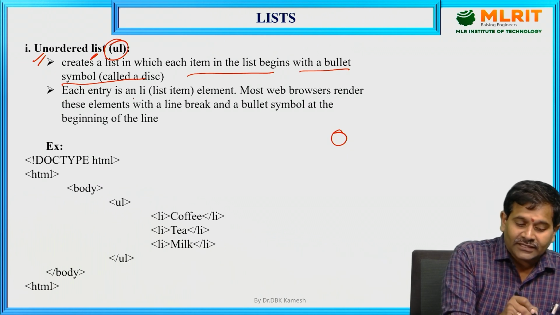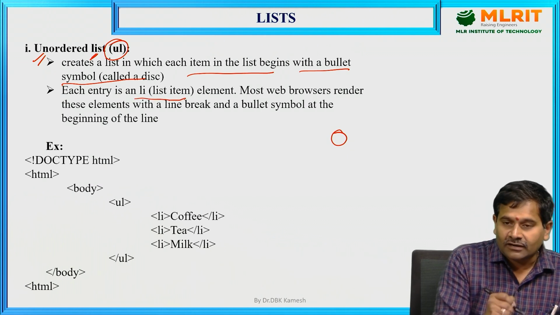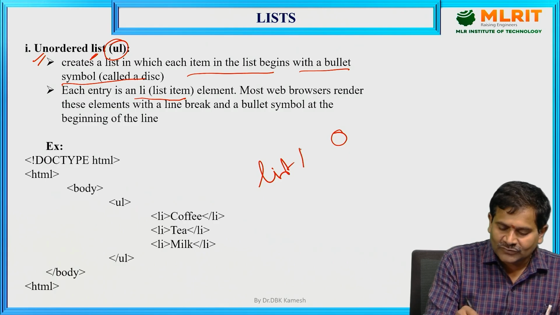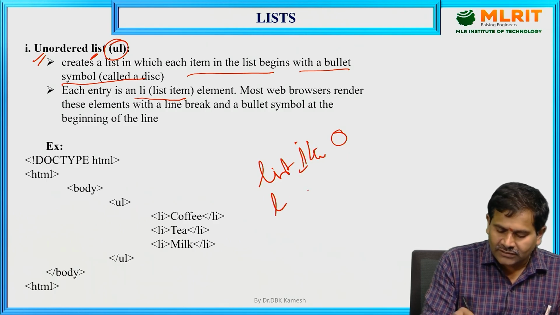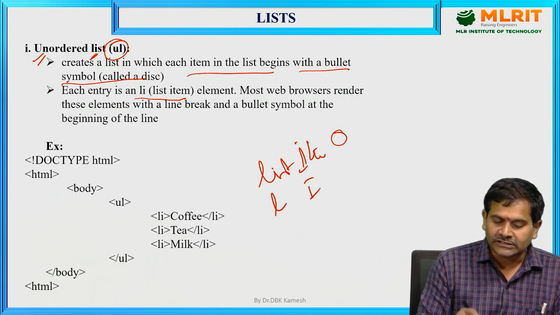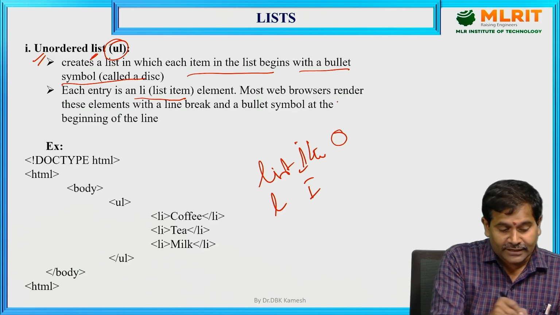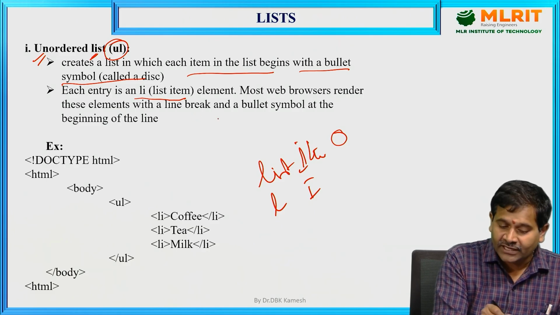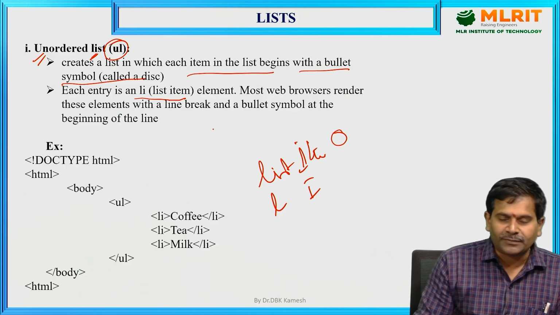Each entry is an LI, that is the list item element. Most web browsers render these elements with a line break and a bullet symbol at the beginning of the line.